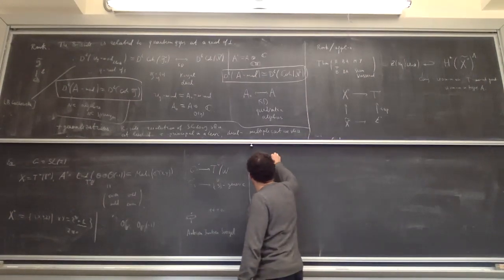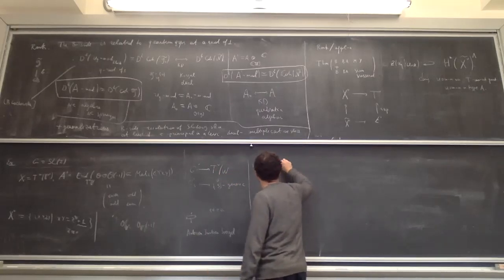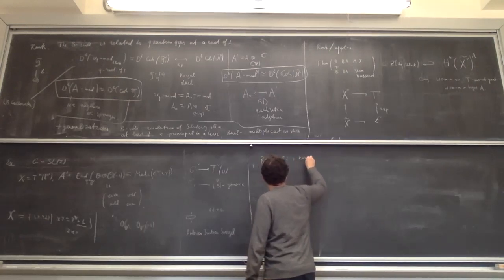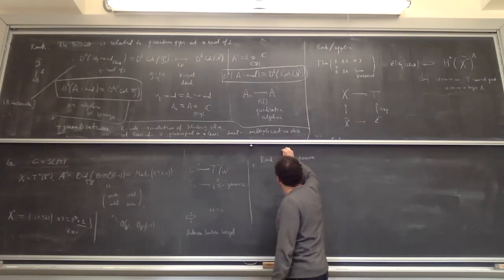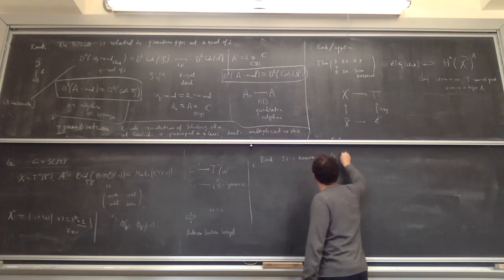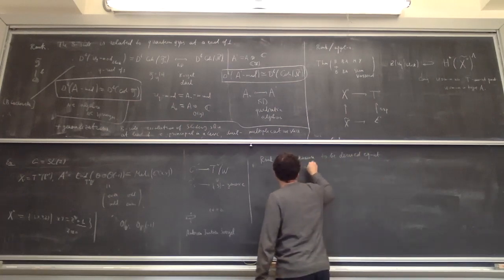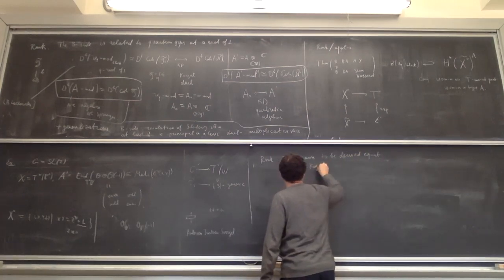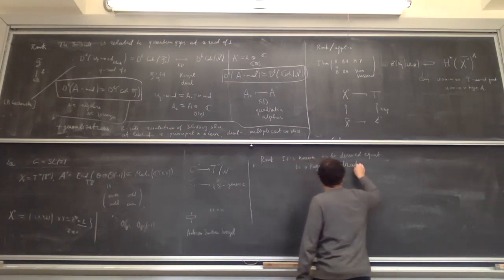And it's a remark that in this generality, it's known, meaning the B side, to be derived equivalent to Koszul quadratic algebras.